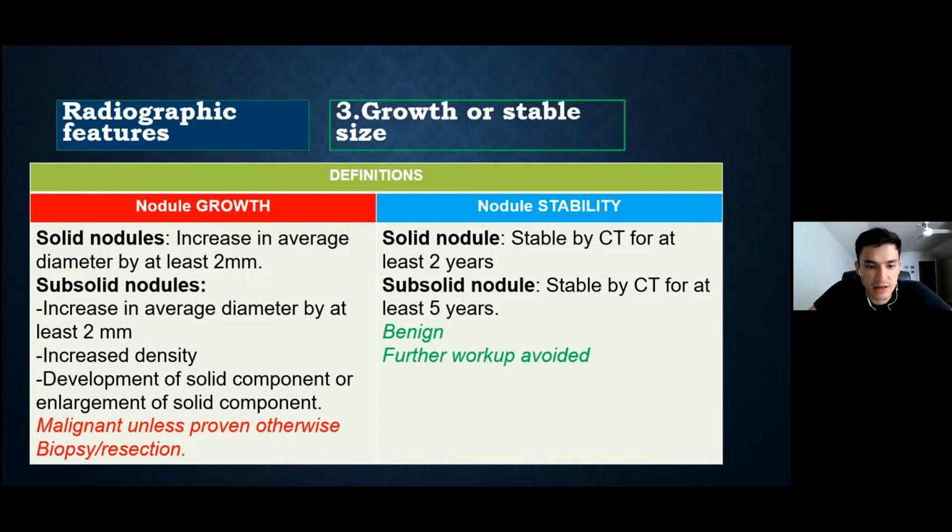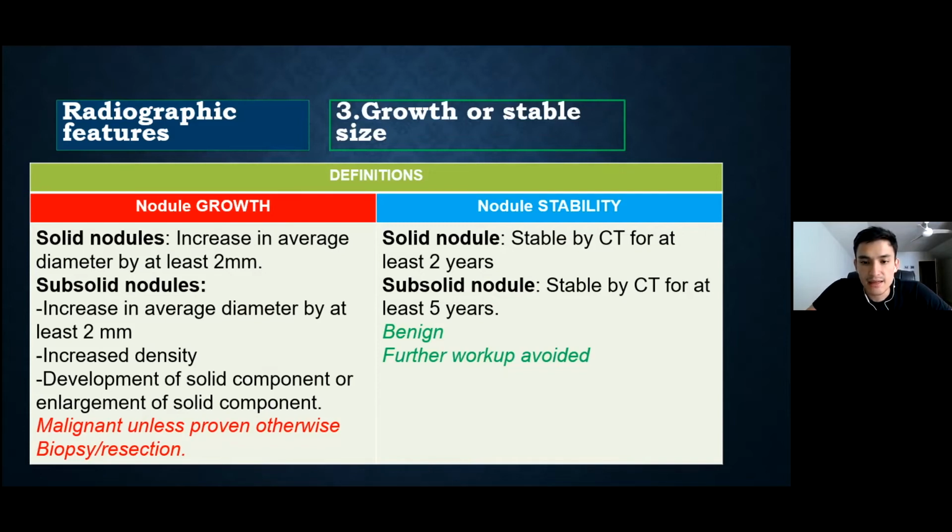And in subsolid nodules, it's also an increase by at least 2 millimeters, but there are also additional findings that are increased density or increased attenuation over time, the development of a solid component, or an enlargement of the solid component. If a nodule meets criteria for nodule growth, then it's considered malignant and biopsy or resection is indicated.